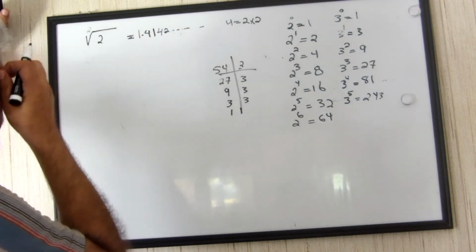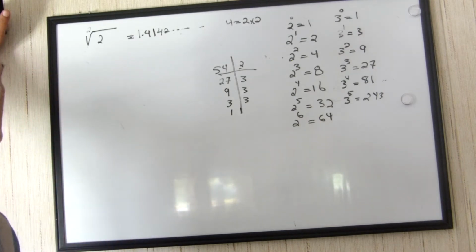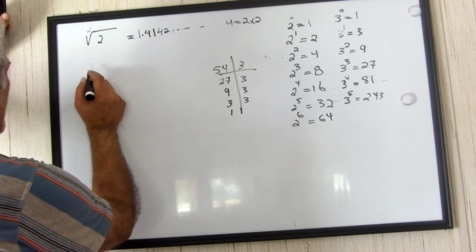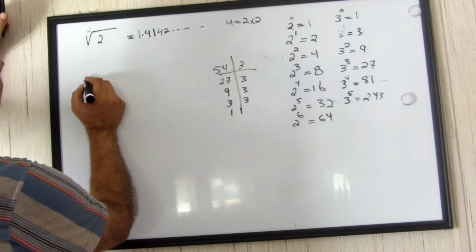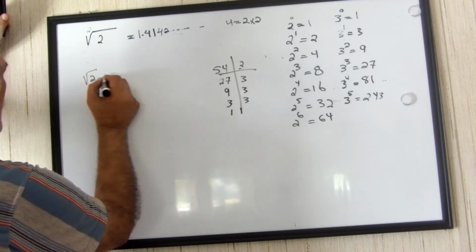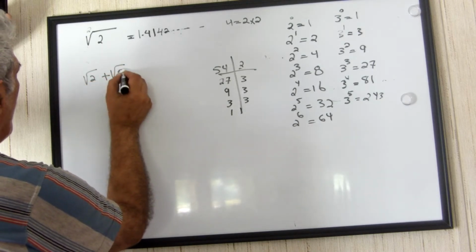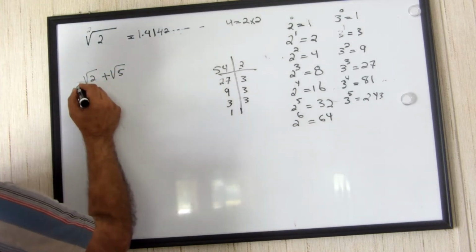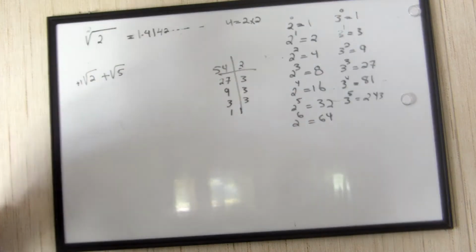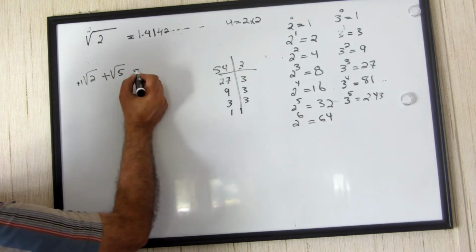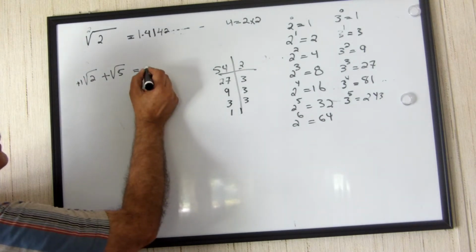So how about the addition and multiplication of these? Say we talk about the square root. The square root of 2 plus 5 times the square root of 2. What is it going to be? This is 1, this is actually 1 plus 5. It's going to be 6.